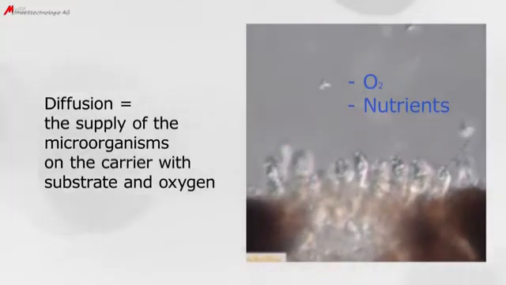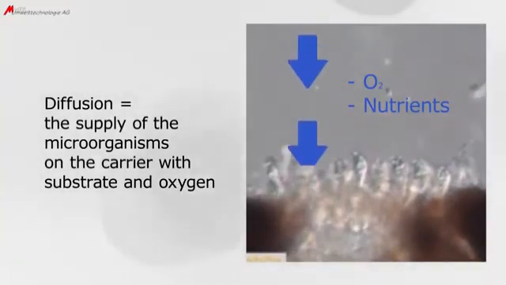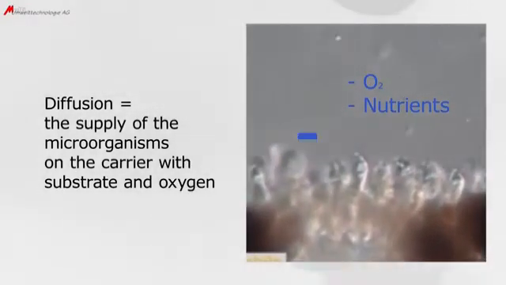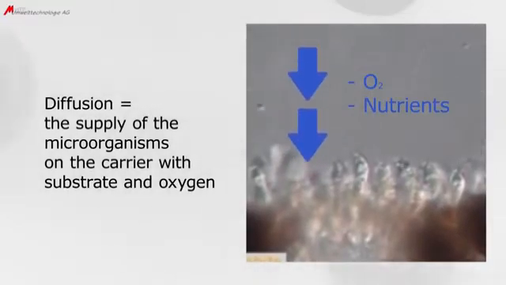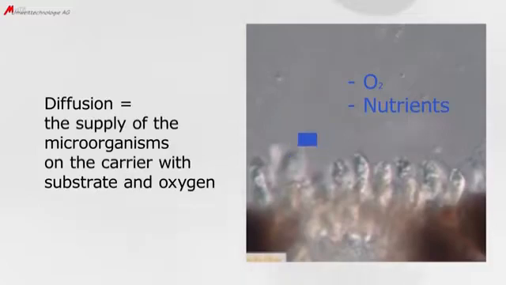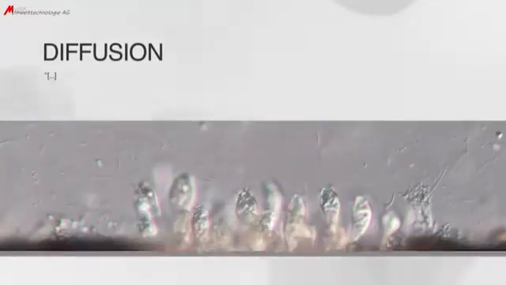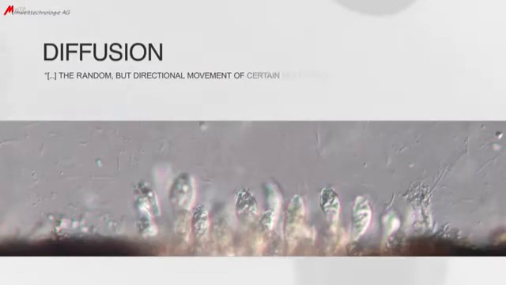In order to keep them alive and active, the microorganisms need to be supplied with nutrients and oxygen, which is the sticking point that leads us to the topic diffusion and diffusion depth. As per the definition, diffusion shall mean the random but directional movement of certain molecules into a cell.